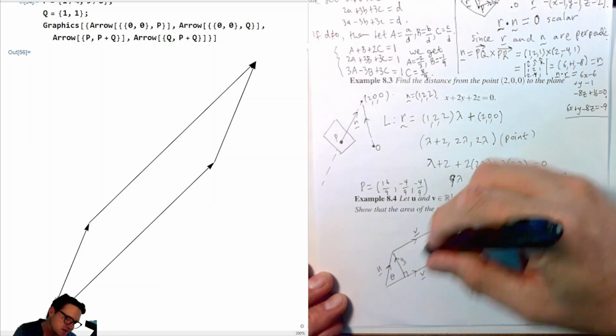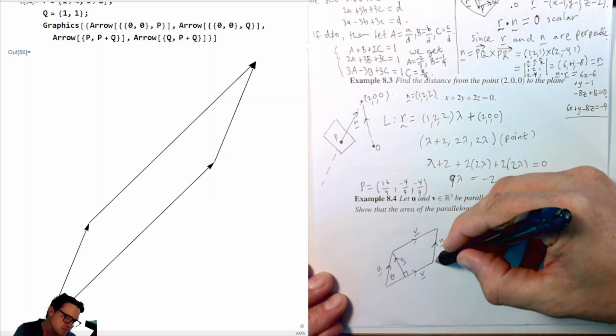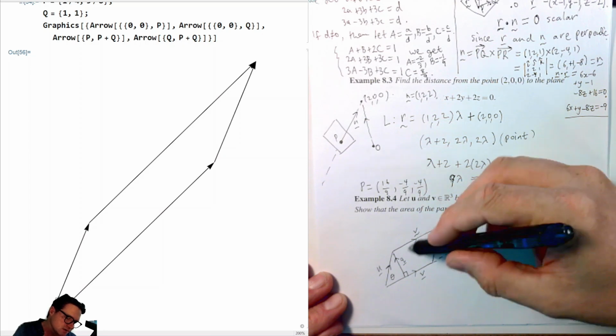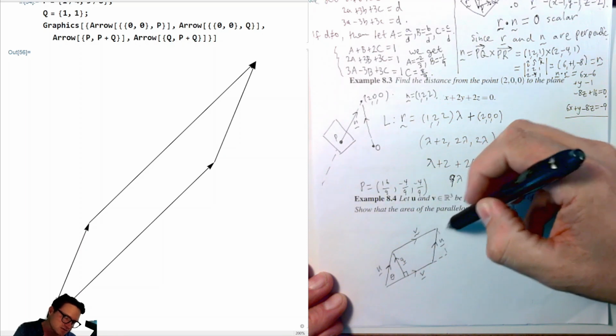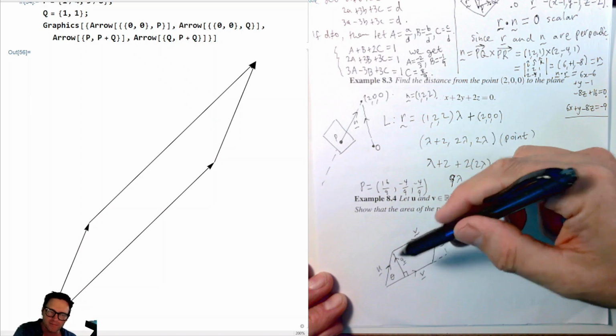So that if I chop this off, say with scissors, and put it over here, let's draw a dotted line where we would place this rectangle here, all of this has the same area as the parallelogram.